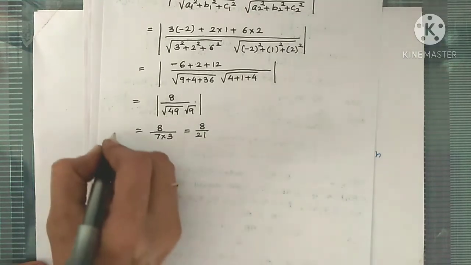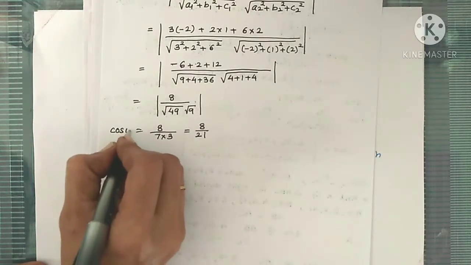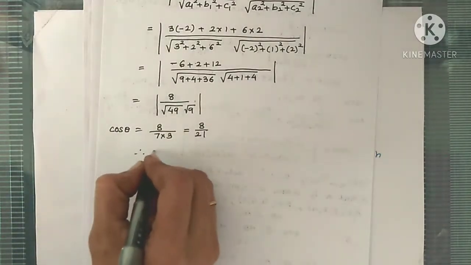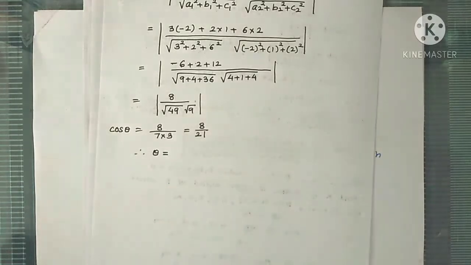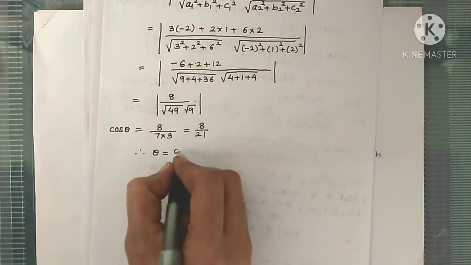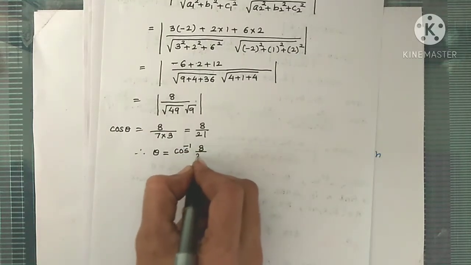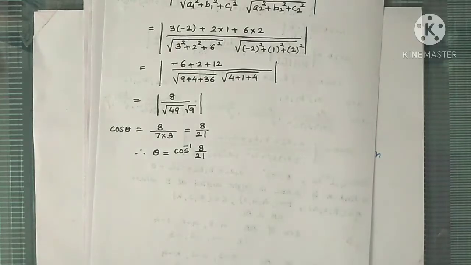But this is the value for cos of theta, and the question is find the angle. Therefore theta, now it is not a known angle, so let's write theta as cos inverse of 8 by 21. So the angle is cos inverse of 8 upon 21.